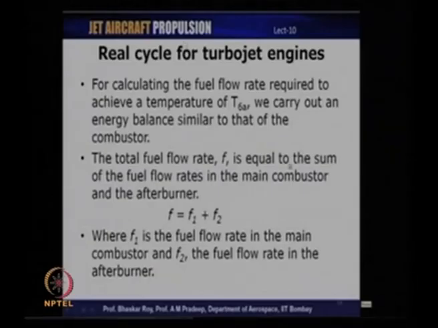One is because of the main combustor, and the second is the fuel flow rate in the afterburner. So, let us denote F1 as the fuel flow rate in the main combustor, and that in the second combustor, that is the afterburner, will be F2. So, total fuel flow rate F will be equal to F1 plus F2.